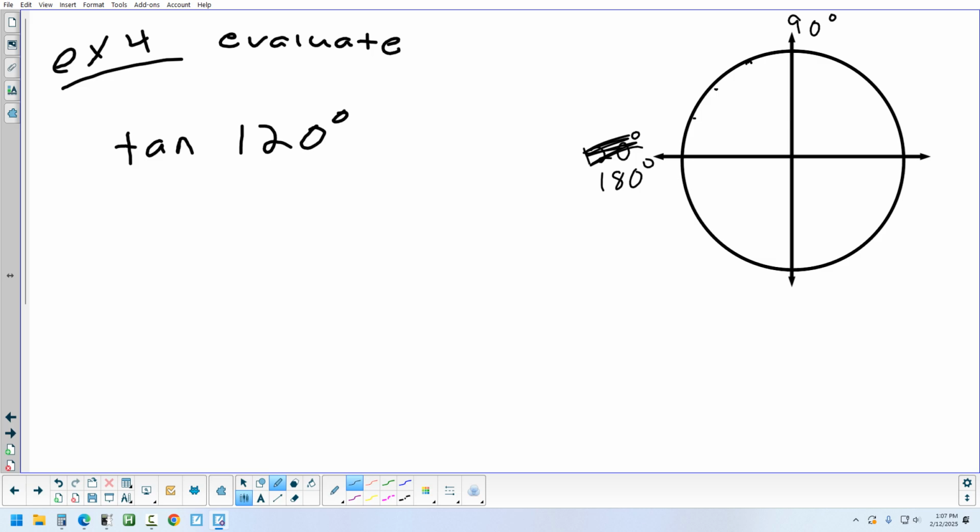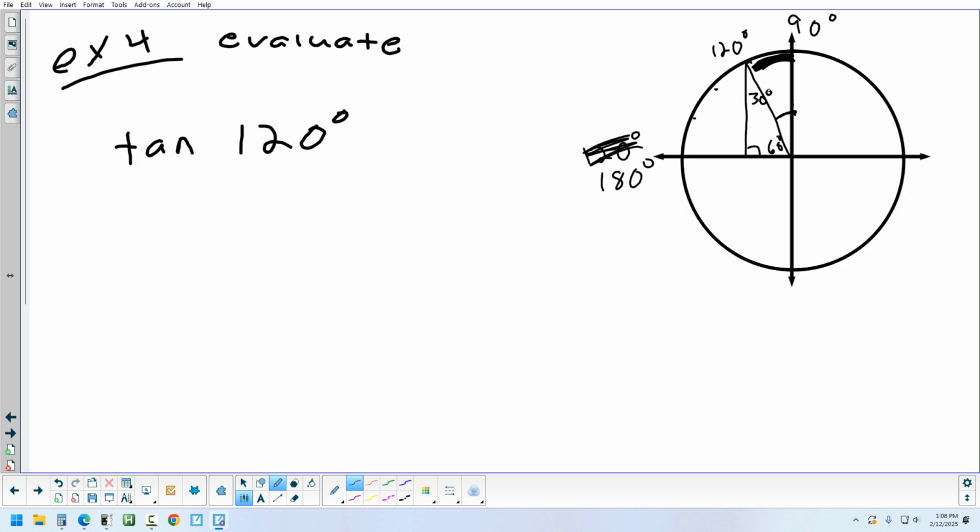How far past 90 is it? 30. So this is 120, which means it's 30 degrees past 90. So this section right here is 30. How much is this part on the inside? 60. And how much is the top? 30. So you've got your 30, 60, 90 triangle.